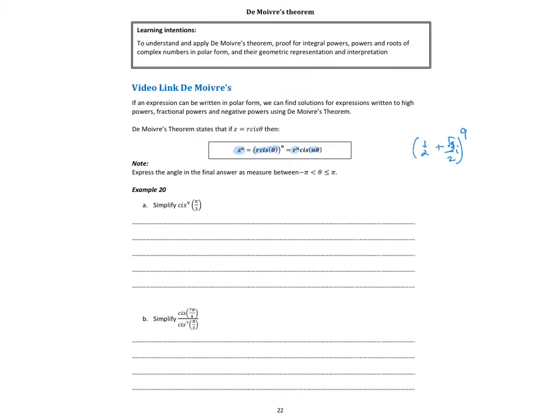In polar form, cis pi on 3 to the power of 9 is 1, the magnitude to the power of 9, times cis 9 pi on 3, which is 1 cis 3 pi.